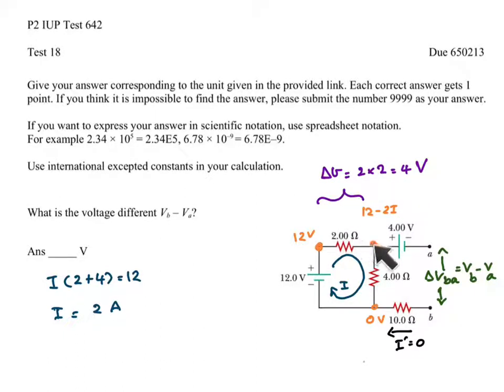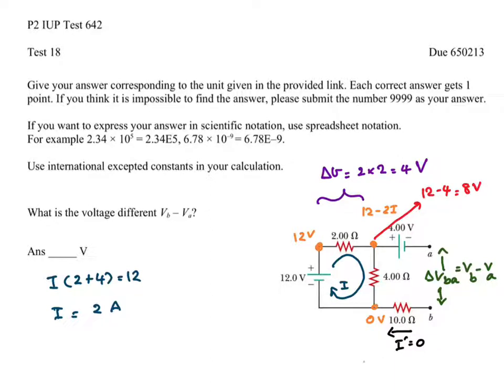So the potential at this point is 12 minus 4, which equals 8 volt, compared to the minus side of this voltage source.